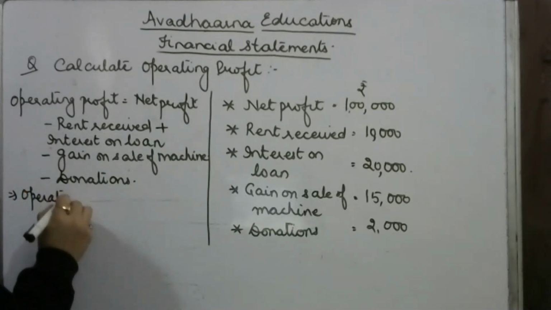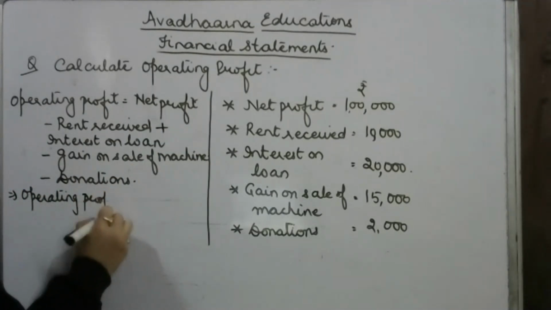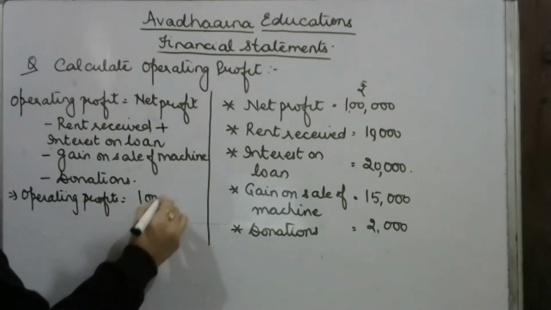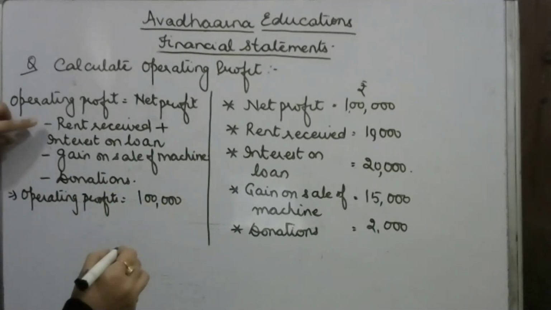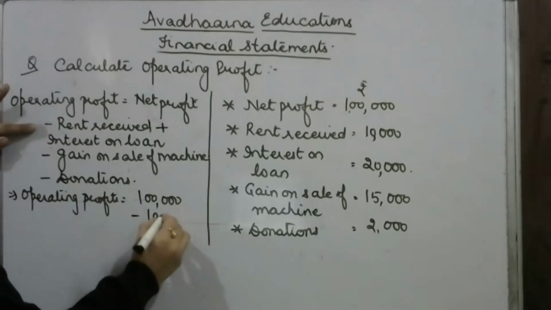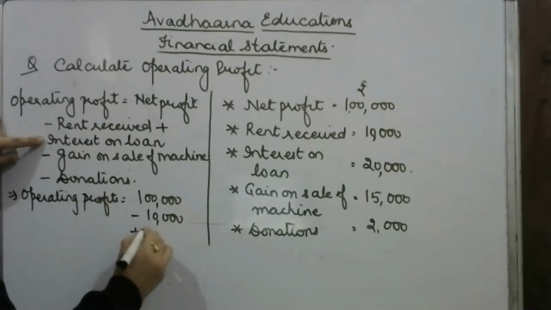Operating profit is equal to, let's substitute the figures now. Net profit है बेटा मेरा 1 lakh. 1 lakh में subtract करेंगे 10,000. Then interest on loan added 20,000.